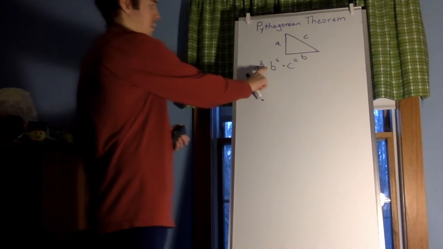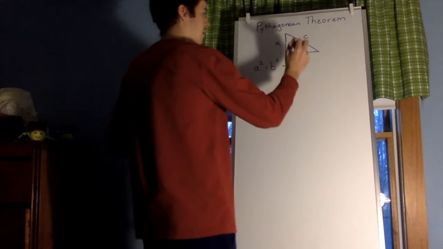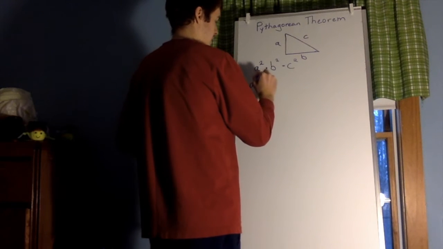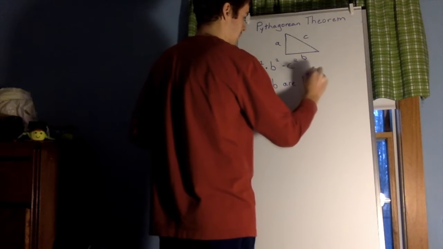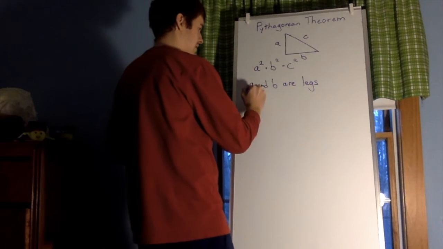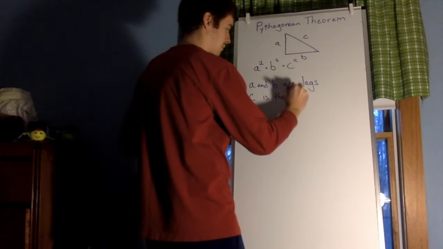A squared plus B squared equals C squared. So, again, A and B are legs, and C is the hypotenuse.